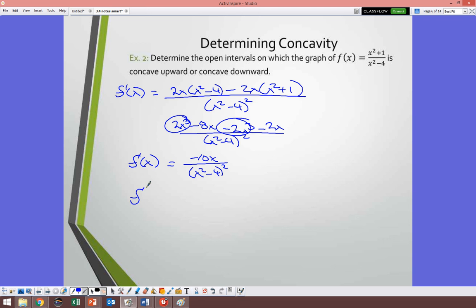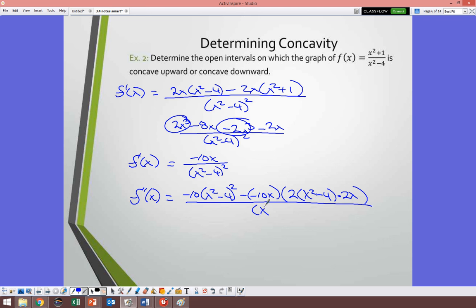So f double prime of x is going to be negative 10 times the quantity x squared minus 4, squared, minus negative 10x times 2 times the quantity x squared minus 4, times the derivative of the inside, which would be 2x. All of this is going to be over x squared minus 4 to the 4th, because I raised the square, squared. Did I lose anyone right there?